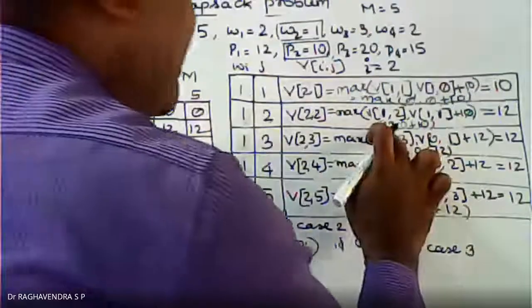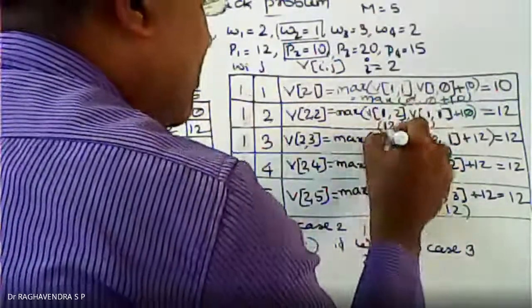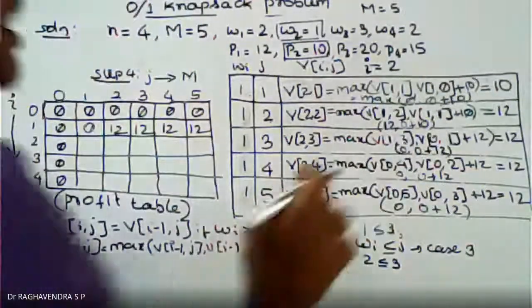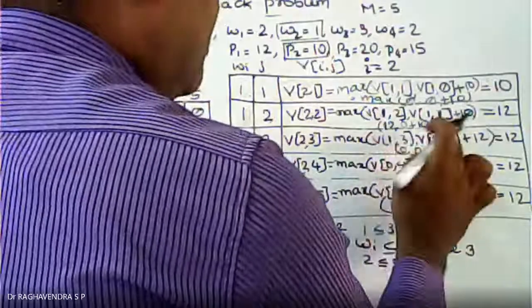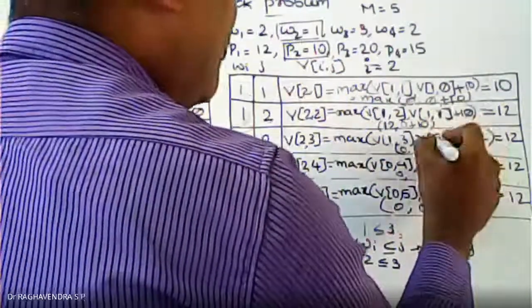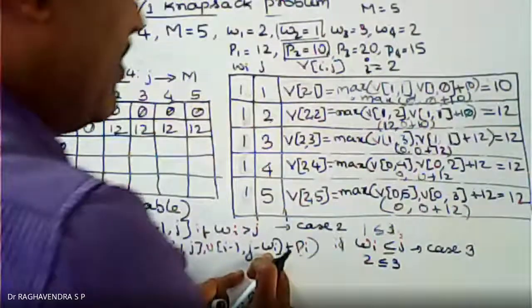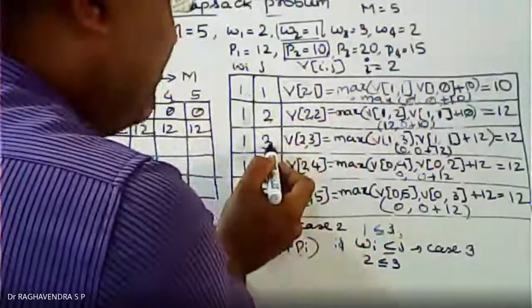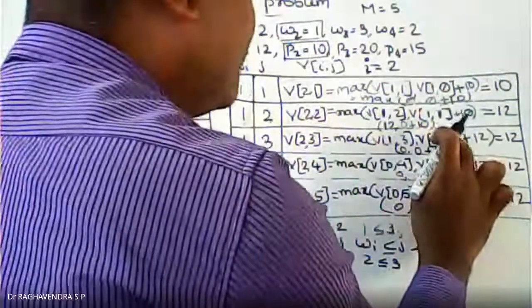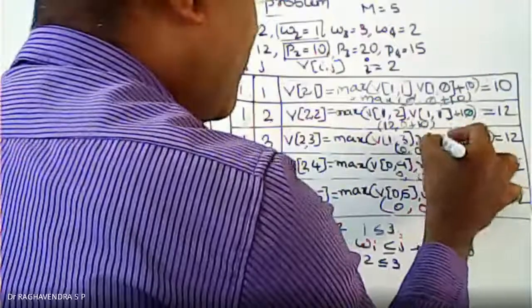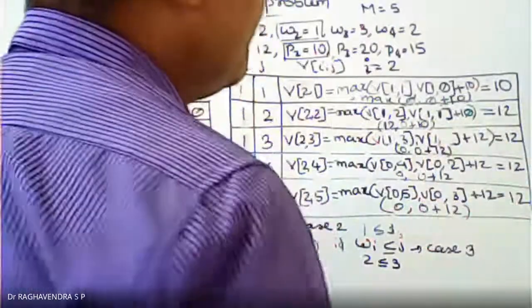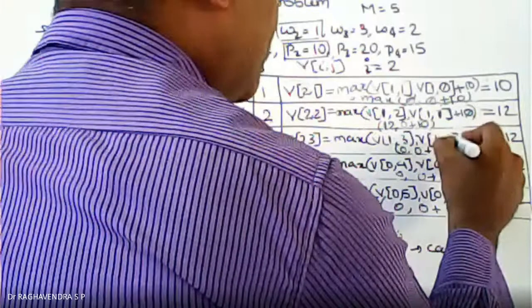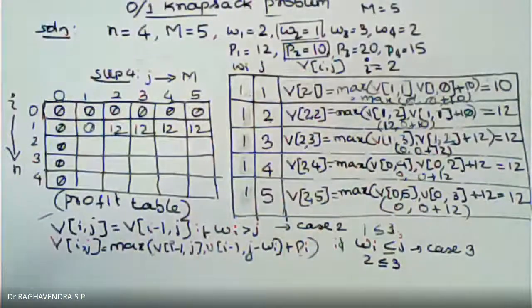V of I minus 1, 2 minus 1 is 1, so V of 1 comma 3, comma V of I minus 1, which is once again 1, comma J minus Wi. 3 minus 1, how much? 2. So 3 minus 1 is 2.